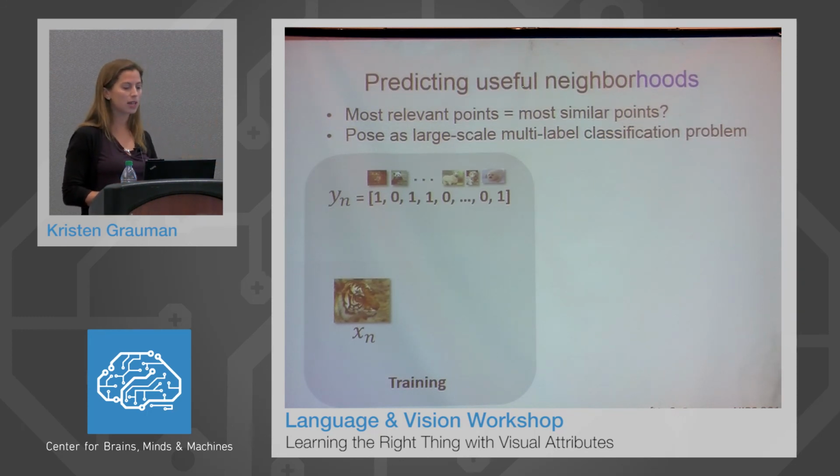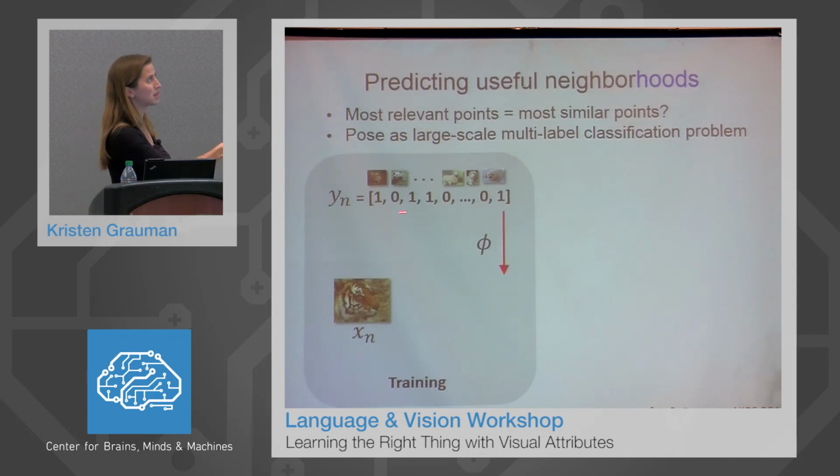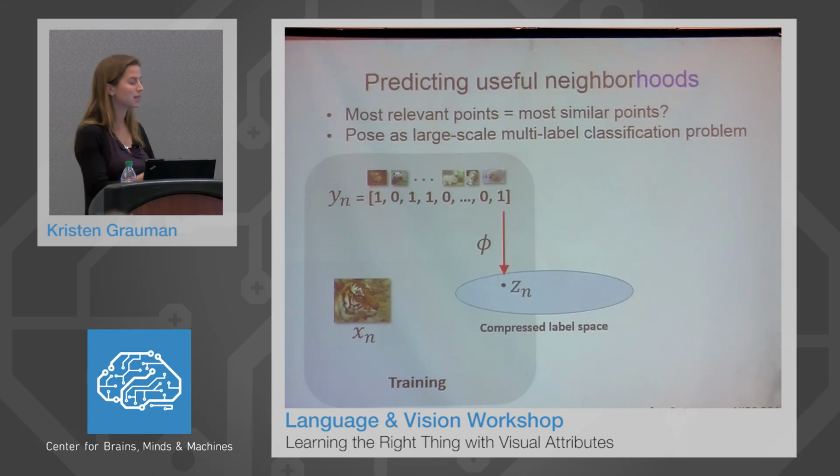Do this for all your training images. And now, since this is a very high dimensional space, it's as big as many labeled images you have, maybe millions of them, then what we do is we use a compressed sensing technique to build a compressed label space. So basically some random projection of these very high dimensional indicator vectors into this compressed label space.